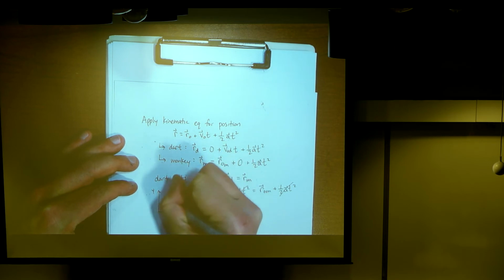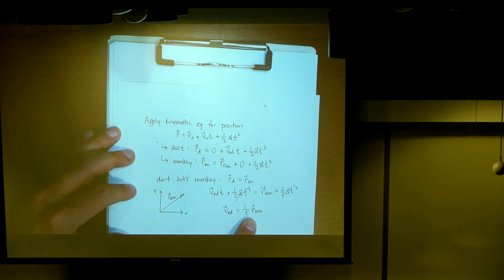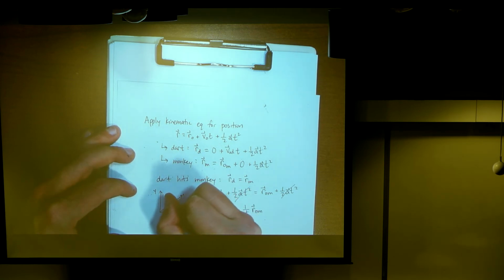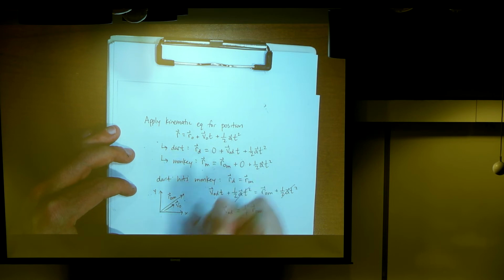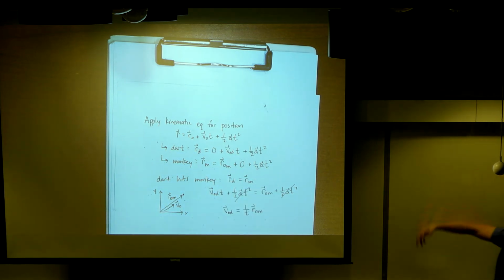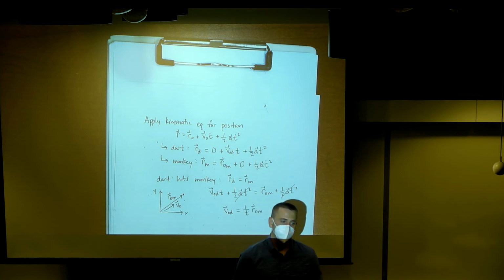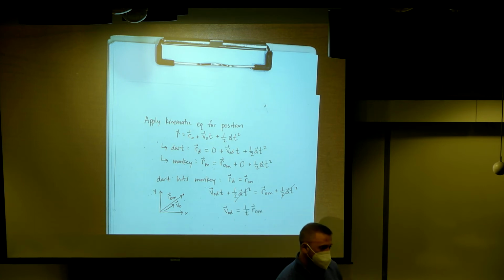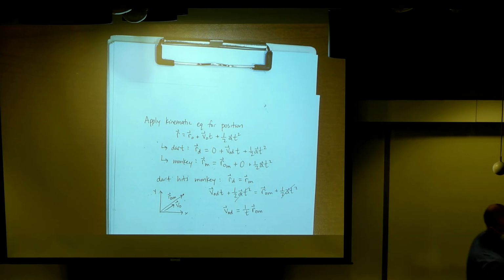The initial position vector for my monkey goes straight from the origin to that point, right? And what this is saying is my initial velocity is pointing in the exact same direction. So that means we don't aim high, we don't aim low, we just aim straight towards the monkey. And as long as the two motions start off at the same time, we should hit the monkey. Okay? All right.